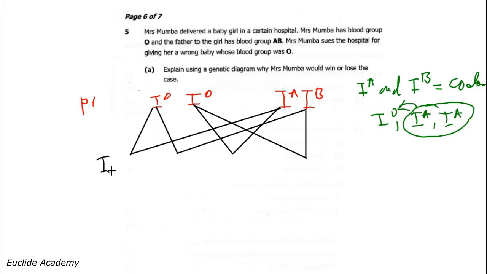And this, when they cross, could also come with this, and this again, when they cross, could also come with this one right here.